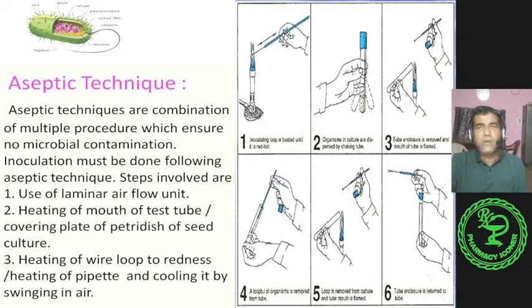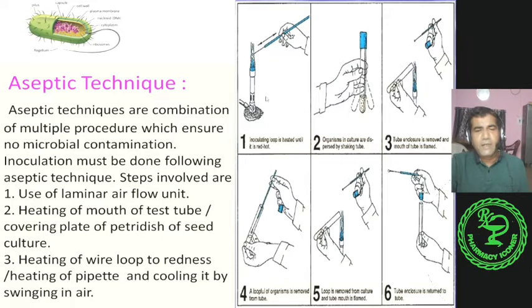For inoculation, we have discussed different methods like streaking, stabbing, swab culture, lawn culture, loop transfer and drop transfer.